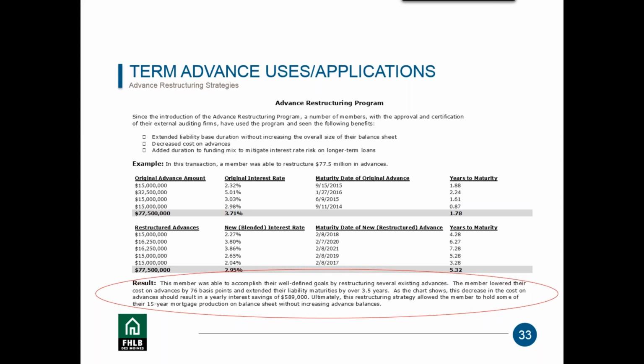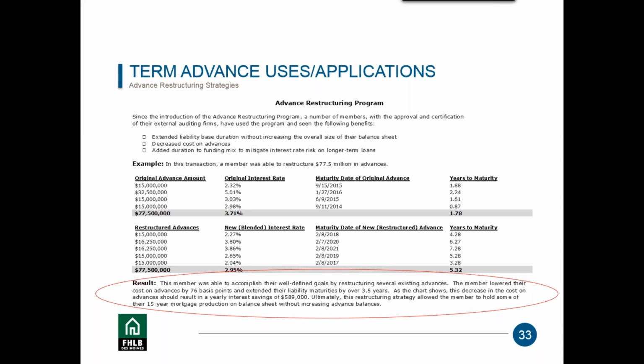And if you look at the before and after, it looks like in this example the blended interest rate moves from 3.71 to 2.95, and the portfolio years to maturity increase. You're extending your liability duration here from 1.78 to 5.32 years. And funding, guess what happens there? That remains entirely the same at $77.5 million.